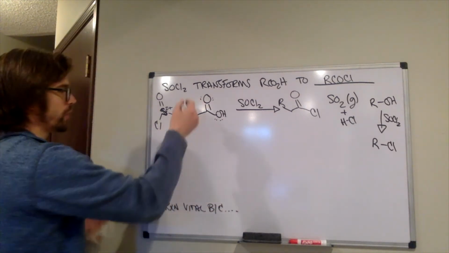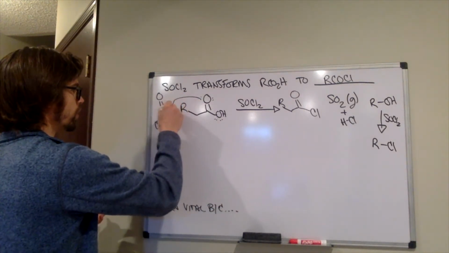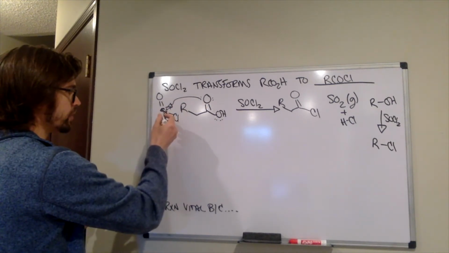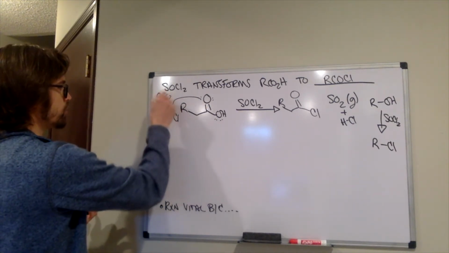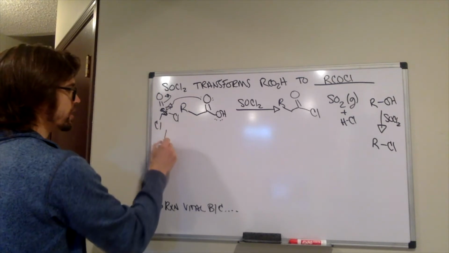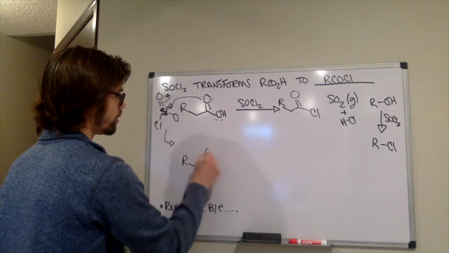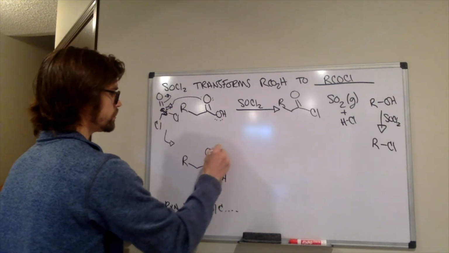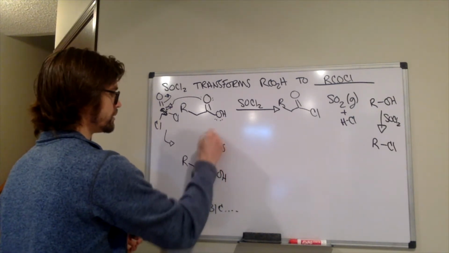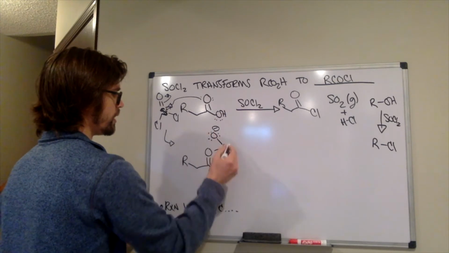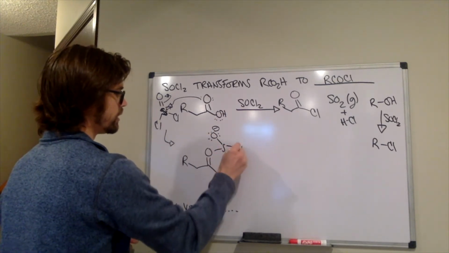So actually, I'll just show the first bond first. So we're going to form that bond between this oxygen and the sulfur. We'll show this kind of undergoing a similar tetrahedral type intermediate that we show in other places. So that gives us this intermediate here.